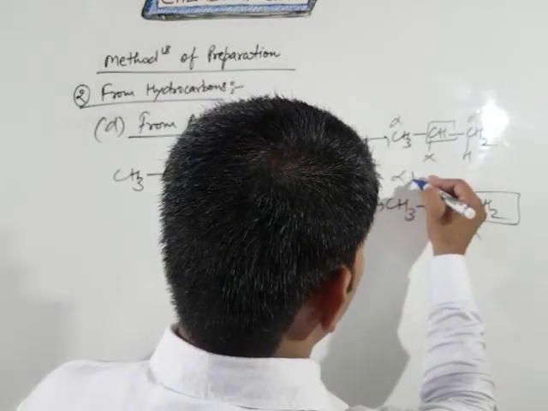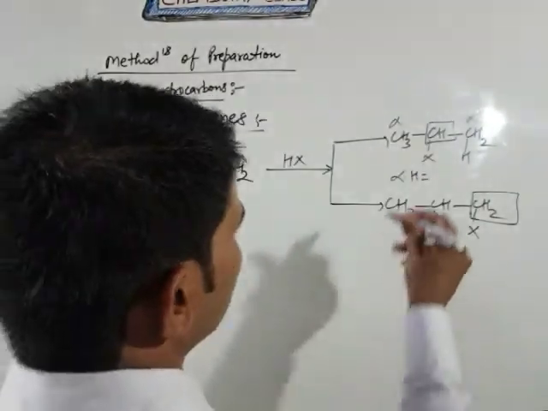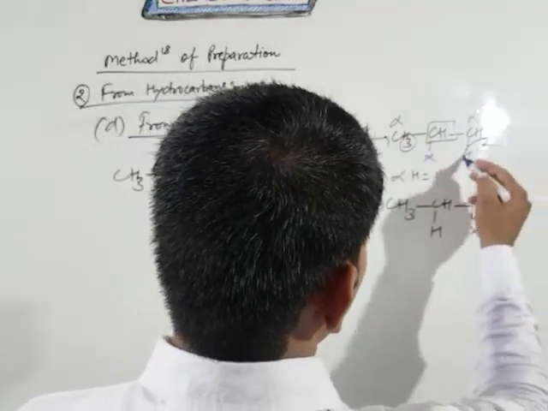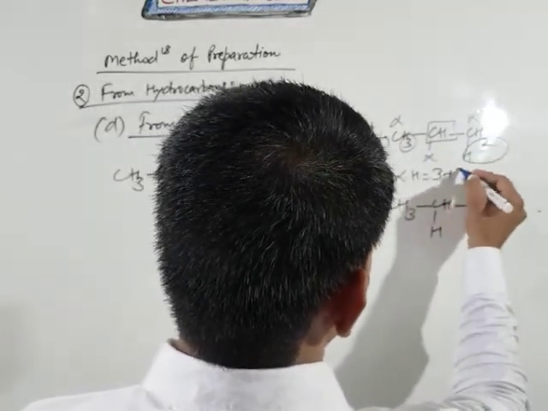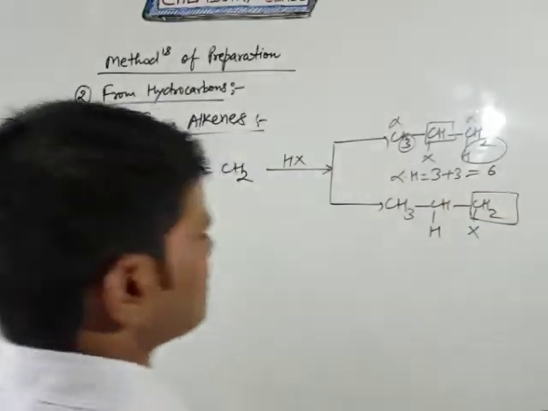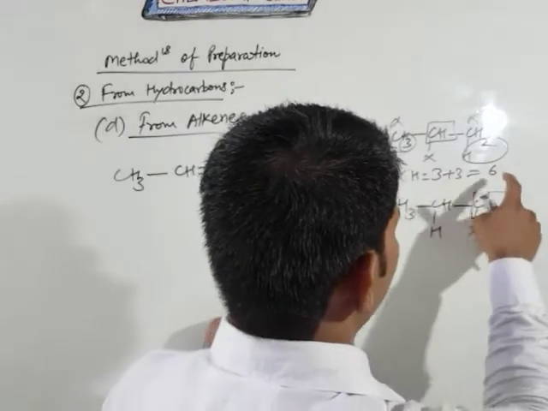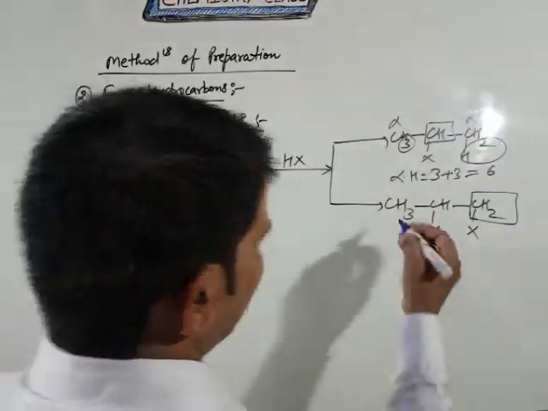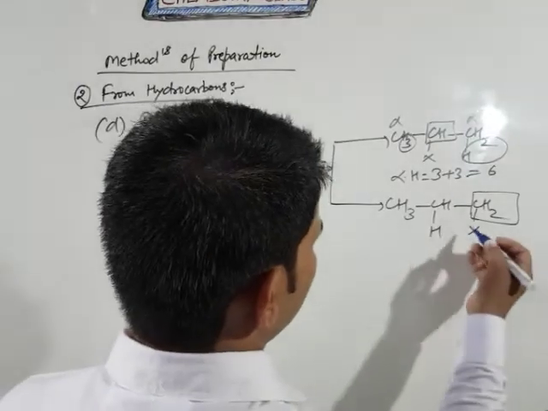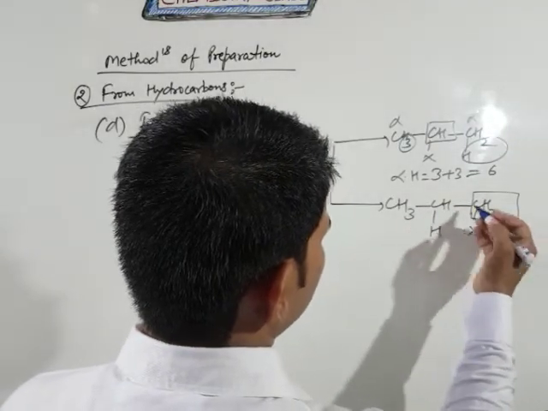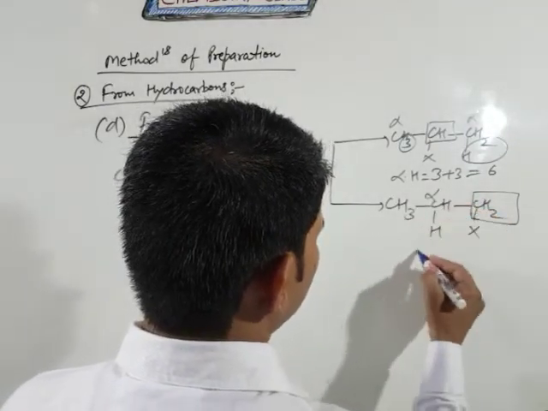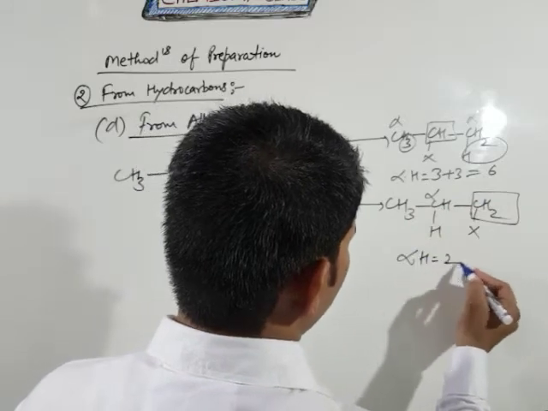So in this case you can see how many alpha hydrogens: 3 and 3, how many? 6. So in the first case the alpha hydrogens are 6, and in the second case you can see how many alpha hydrogens? This is our alpha 1 and 1, that means how many alpha hydrogens? 2.